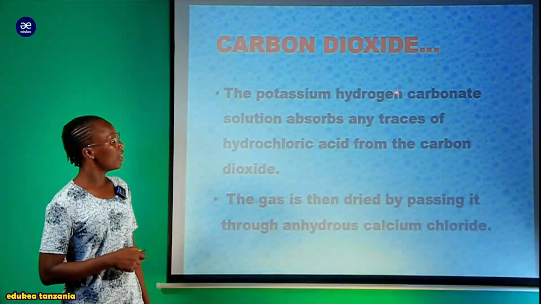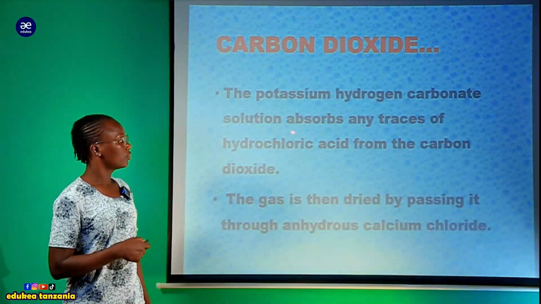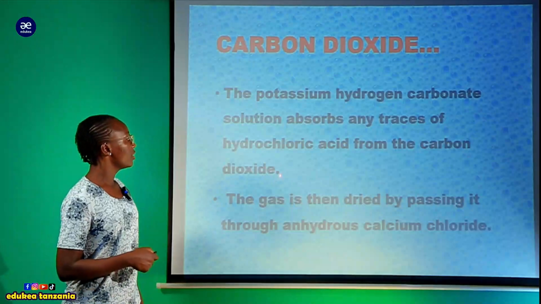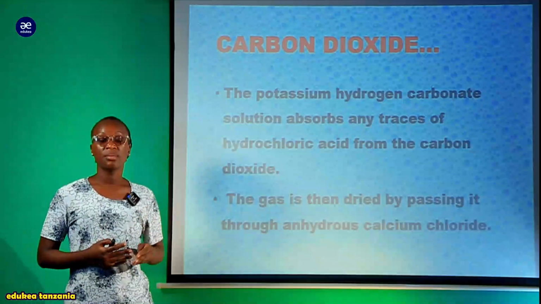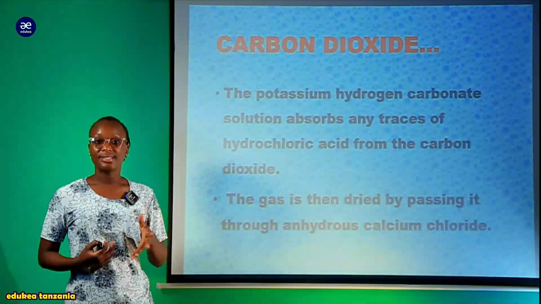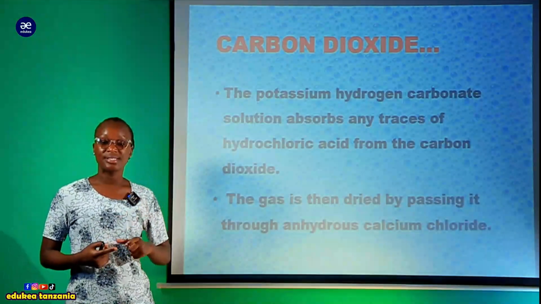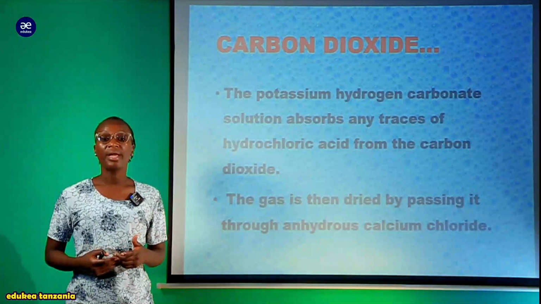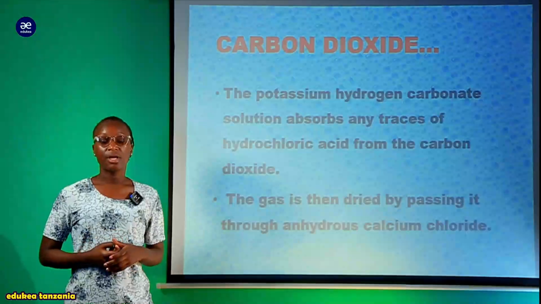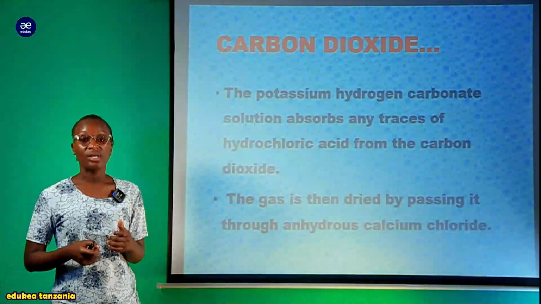Now, the potassium hydrogen carbonate solution absorbs any traces of hydrochloric acid from the carbon dioxide. Kwamba potassium hydrogen carbonate, kwenye ile setup ya preparation of carbon dioxide tuliona kumbe imekuwa set pale.